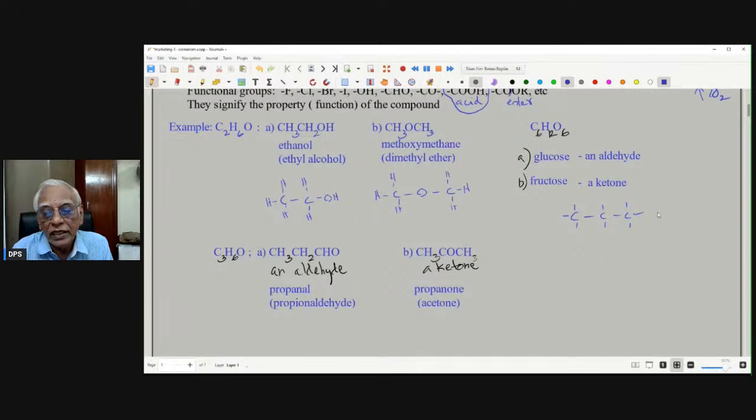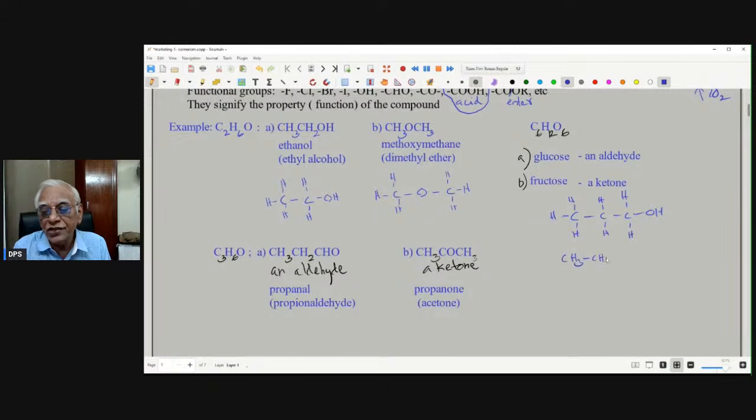One of the valencies is occupied by the OH, because we have to account for this. It could be in the form of an alcohol. The rest of them are hydrogens. And this is going to be the structural formula of this particular compound. You can write this as a condensed formula.